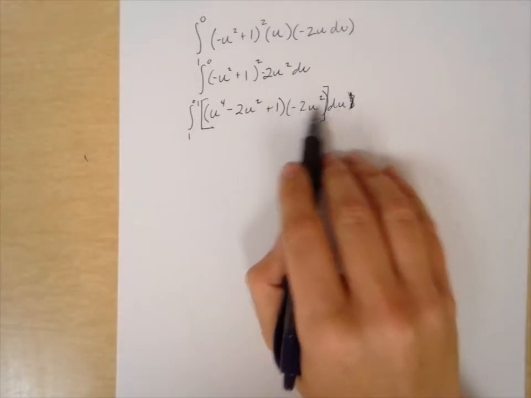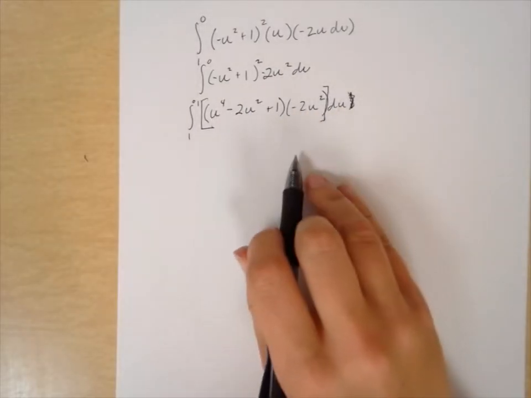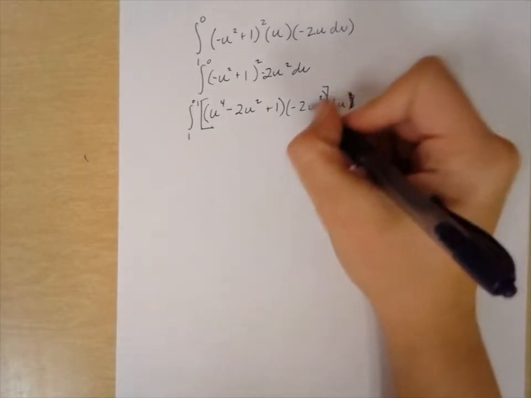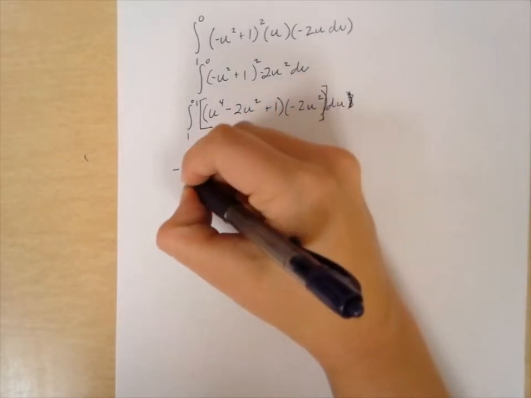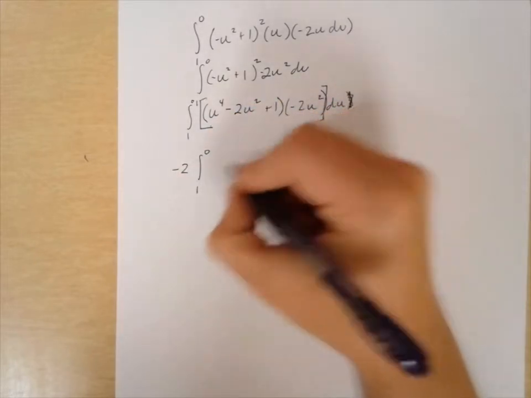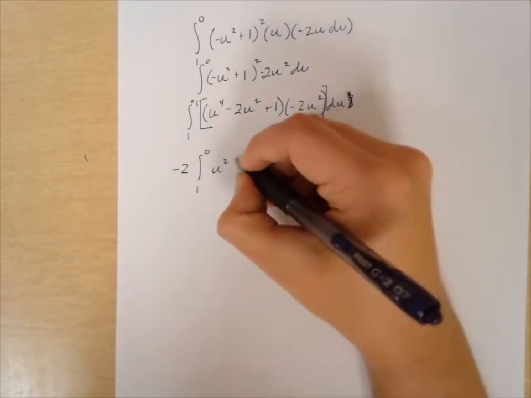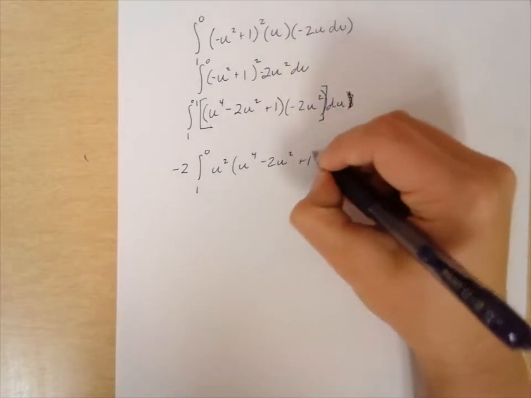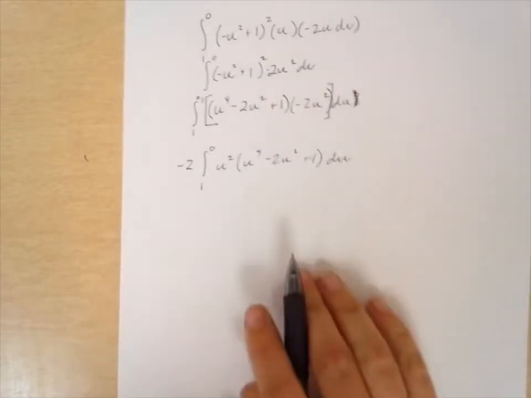Lastly, I can distribute this negative 2u squared to everything in here. Or you know what would be a little bit easier is if we just took out that negative 2. So let's do that. Let's take out the negative 2 and put it in front. And then look at our integral that way. So I have a u squared times u to the 4th minus 2u squared plus 1 du.